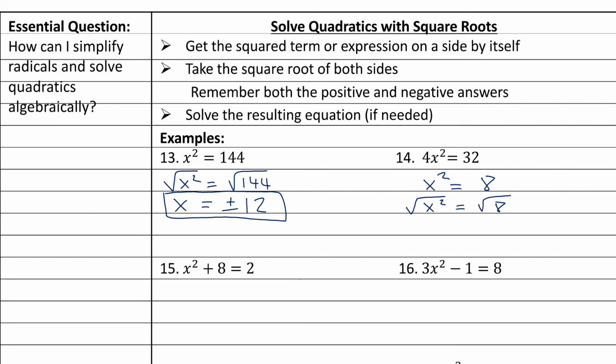Well, 8 can be broken apart into 4 times 2. So I'm going to have x equals the positive and the negative 2 square root 2. So that's where what we were just doing comes into play here. So this gives me an exact answer, okay?